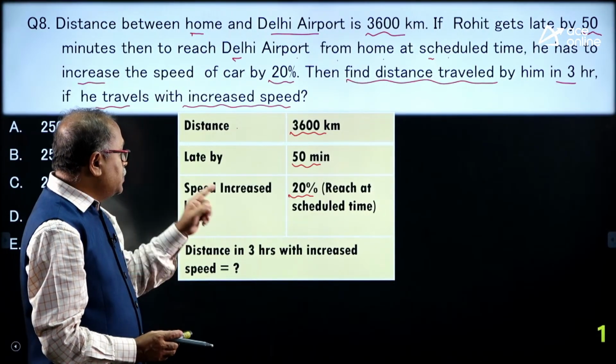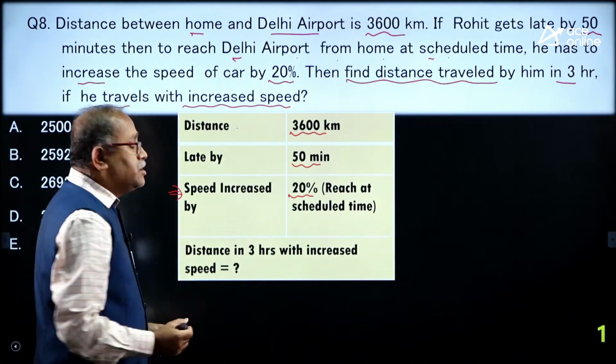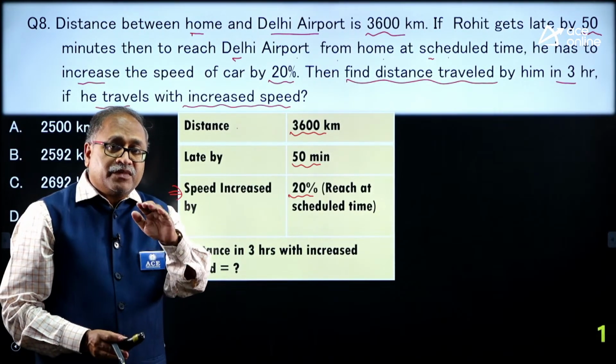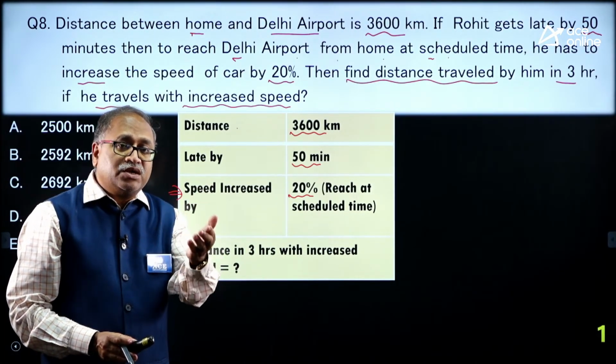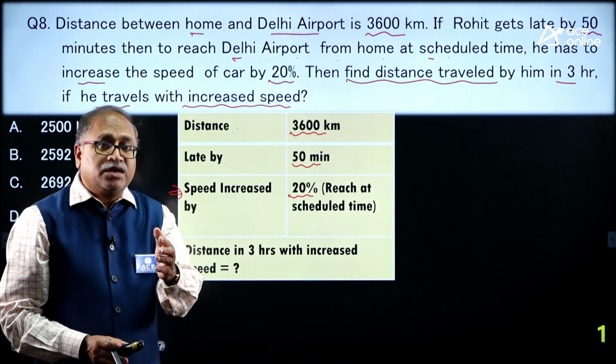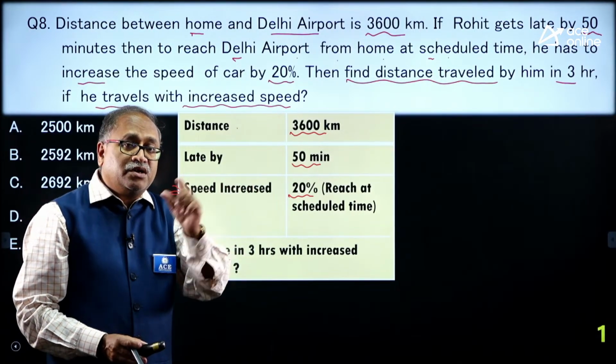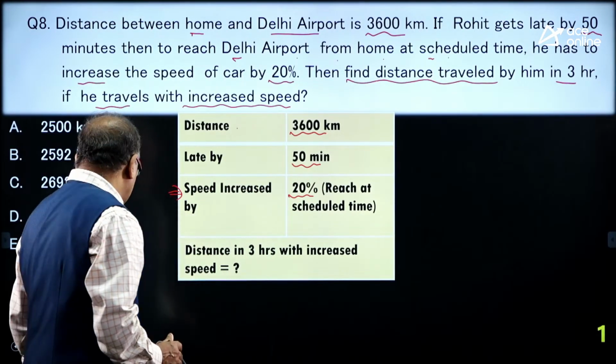By this statement, what do you get? The speed ratio. From the speed ratio, reverse it and you will get the time ratio, and once you get the time ratio, you know that 50 minutes is covered because of the increased speed.